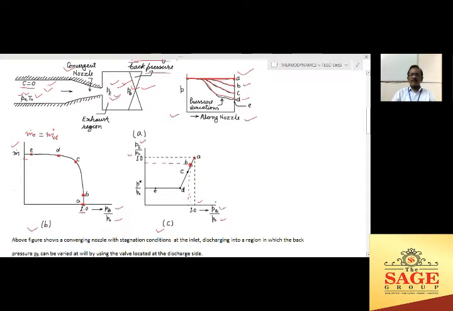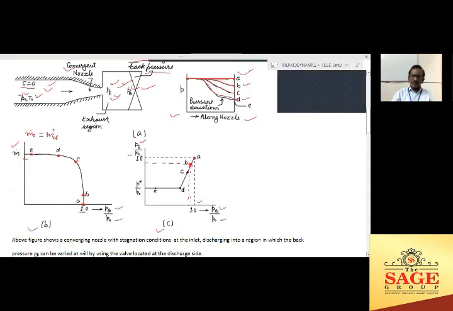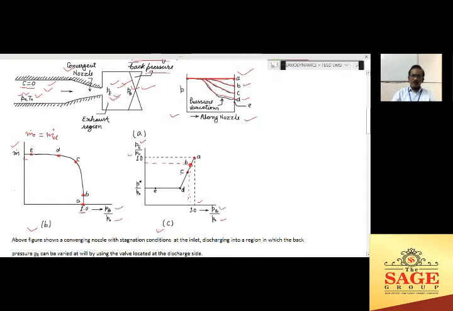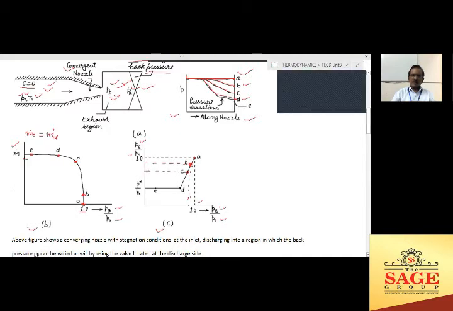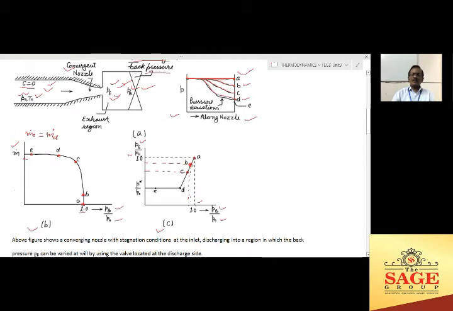When we decrease the back pressure PB, the axial pressure will also decrease. On further decreasing the back pressure, we reach point C, where the axial pressure decreases further. So as we decrease the back pressure, the axial pressure decreases accordingly.